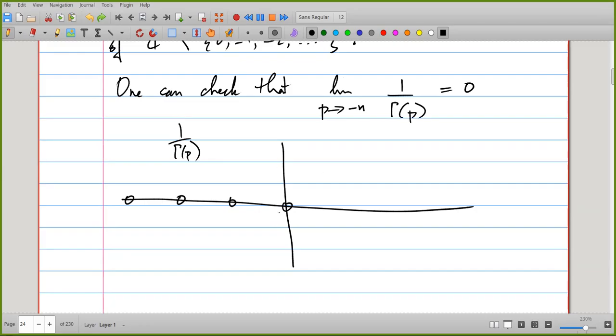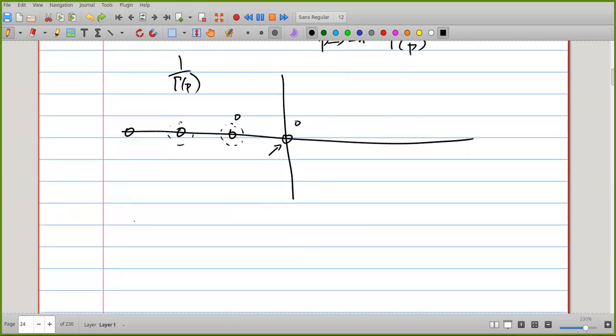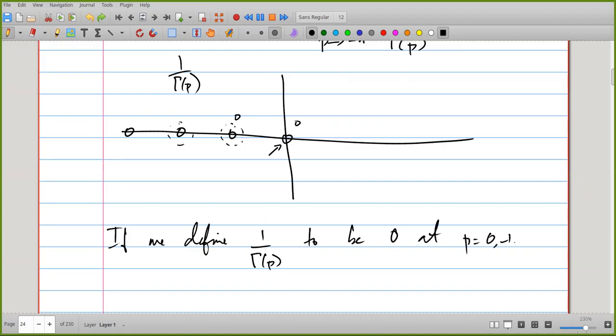And at these points, when you look at the limit, these limits are 0. So 1 upon gamma of p is becoming smaller and smaller in neighborhoods. Therefore, if we define 1 upon gamma of p to be 0 at p equal to 0, minus 1, minus 2, and so on, then we get a very nice function.